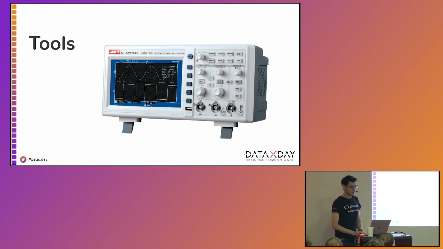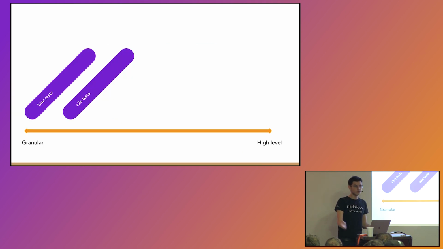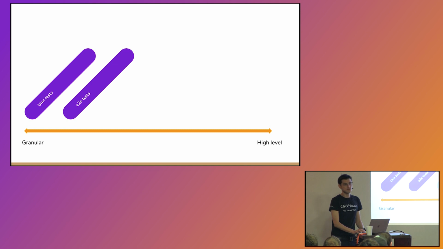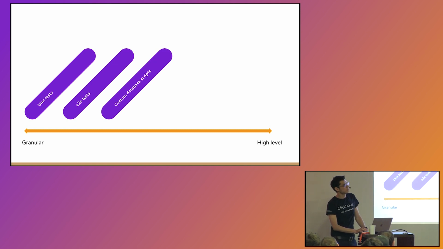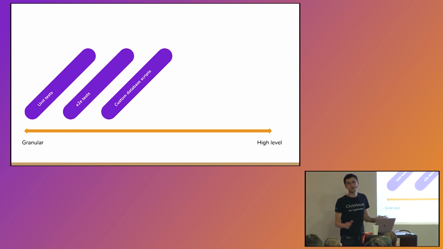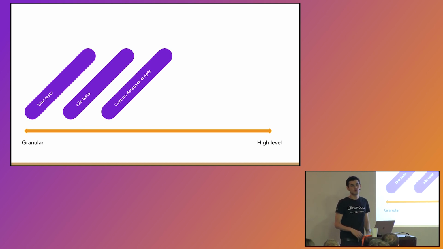So which tools did we have at our disposal to conduct this migration? So first of all, as with any project, we have our array of automated tests, so that's a given. I don't want to expand too much on that. What's more specific to data migration is usually having an array of custom database scripts that ensure a certain number of invariants while you are migrating.